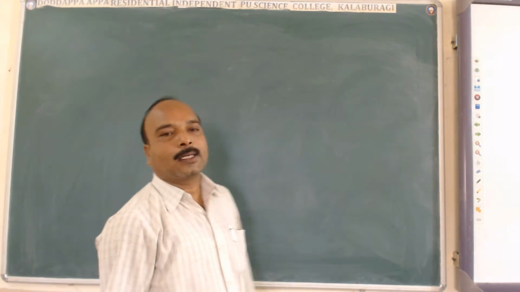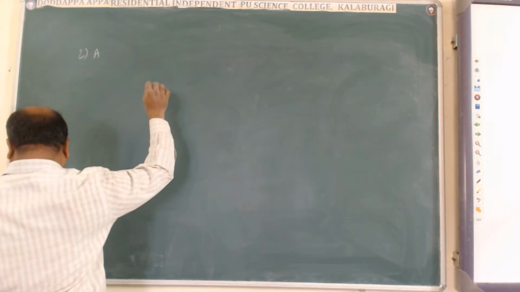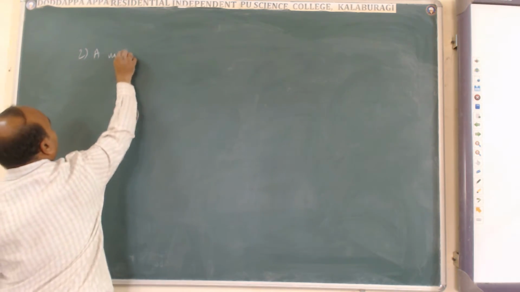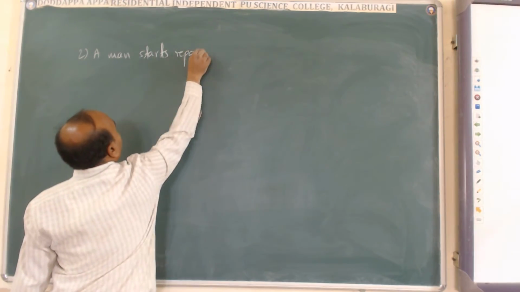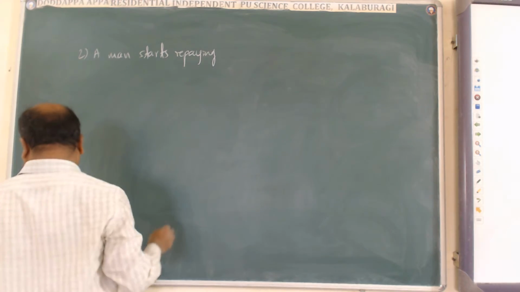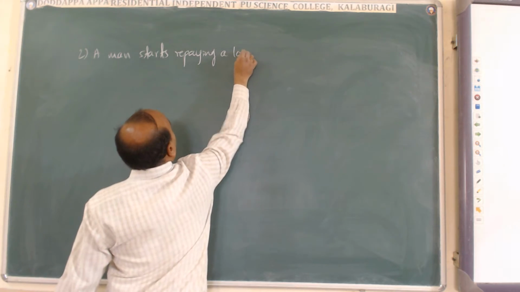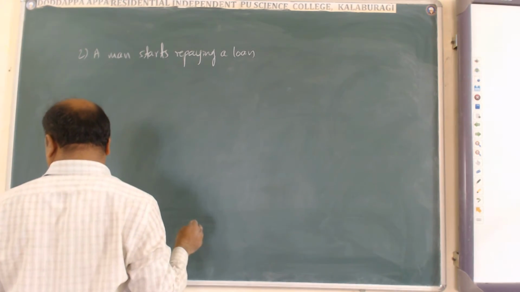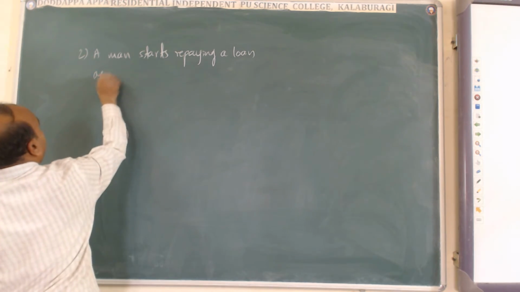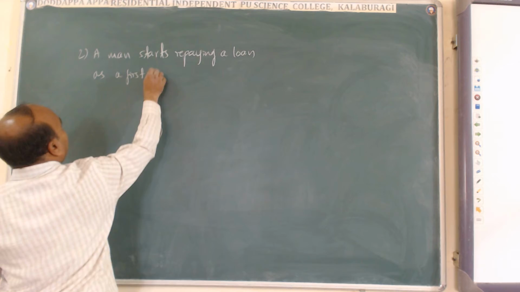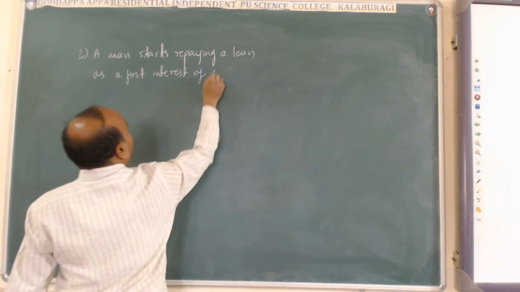Next we go for another example. Second one. A man starts repaying a loan with a first interest of rupees 100.